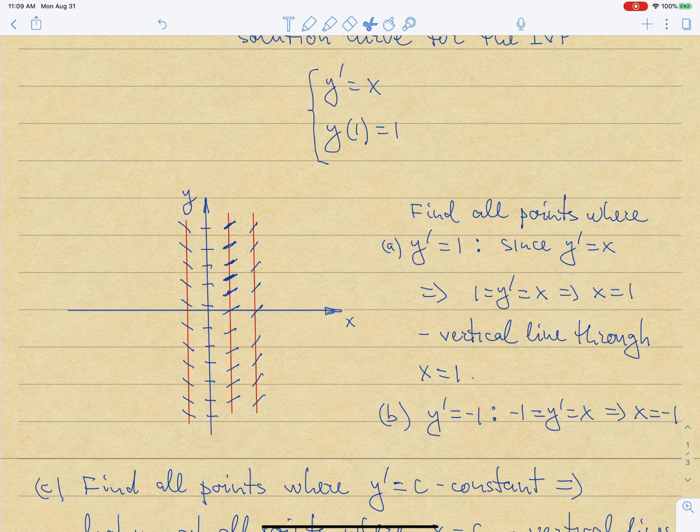And similar to this, if I look at x equal to minus 2, x equal to minus 2 means slope is minus 2, so all curves are going to be steeper on this line, steeper and will have a negative slope. So they're all pointing down and to the right.